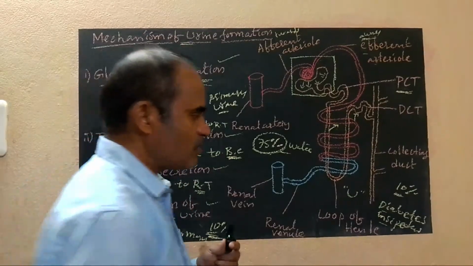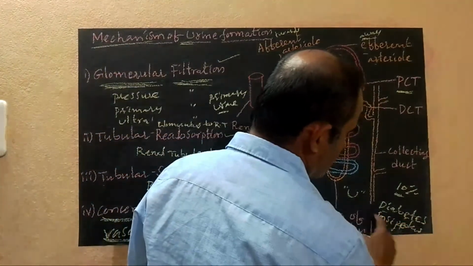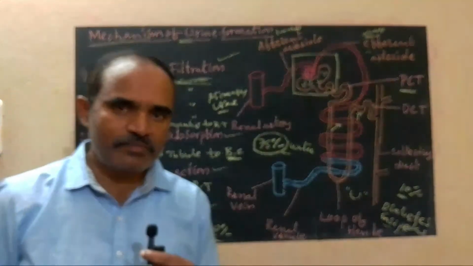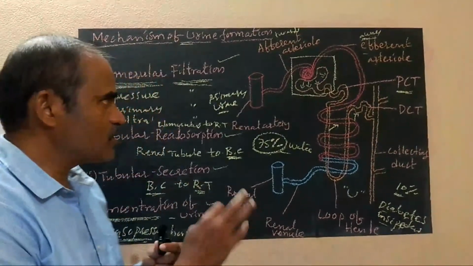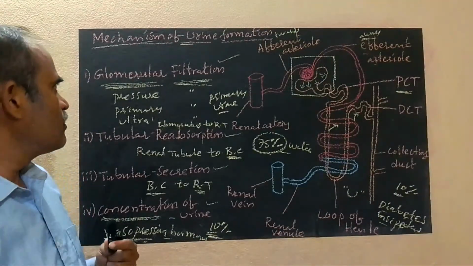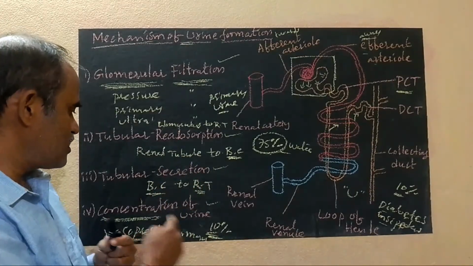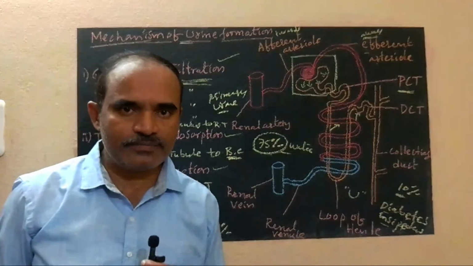This condition is called diabetes insipidus. So four stages: glomerular filtration, tubular reabsorption, tubular secretion, and concentration of urine.